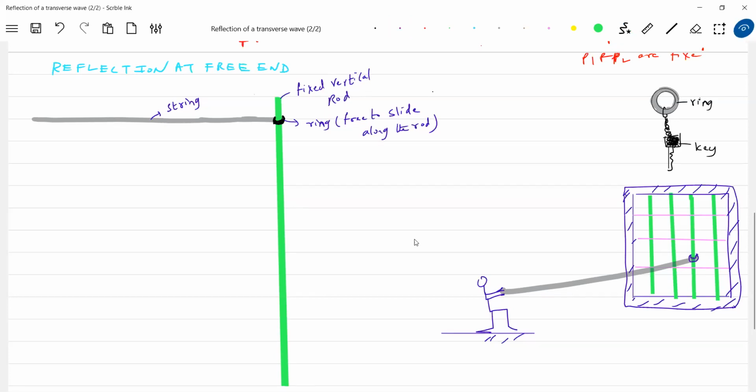The pulse will go. Can you say what will happen to this ring? I want students to answer. Will move up. It can move up and down. Am I right? Yes, sir.